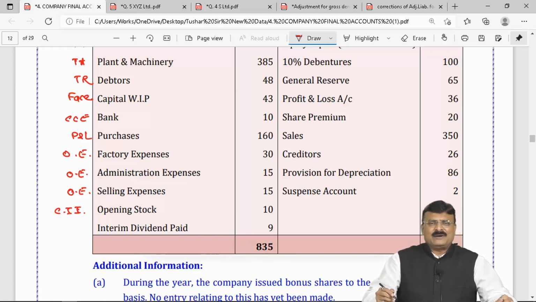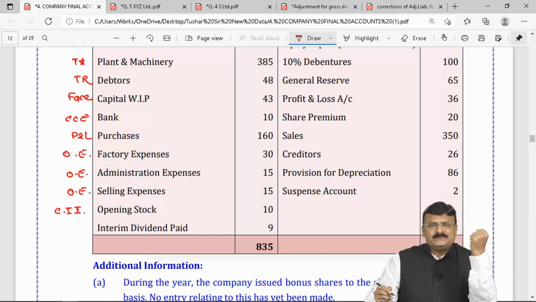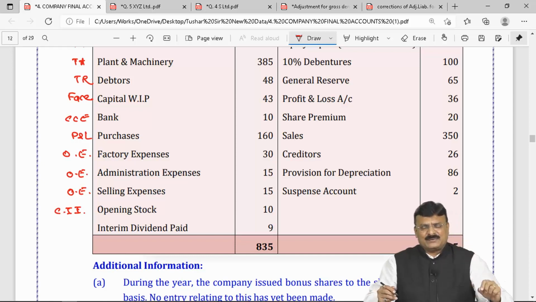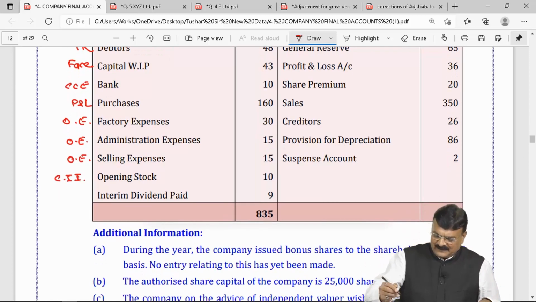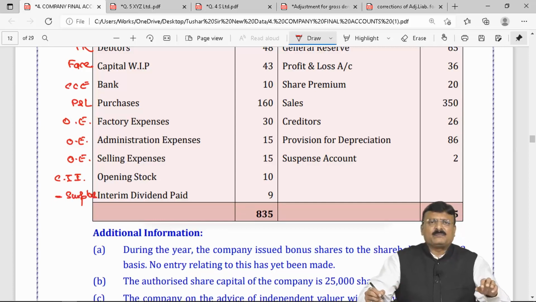An interim dividend paid is an appropriation that should be subtracted from surplus. Surplus which you write in note 2. Opening balance of P&L plus net profit or loss for the current period. From that, subtracting dividend. So that will be minus from surplus, means less from P&L account.